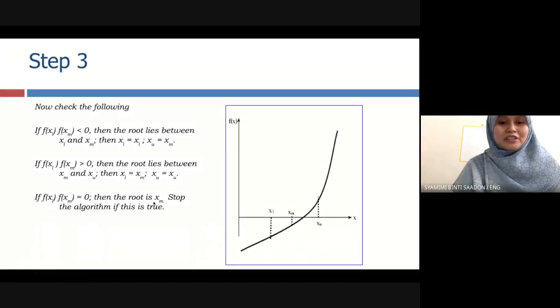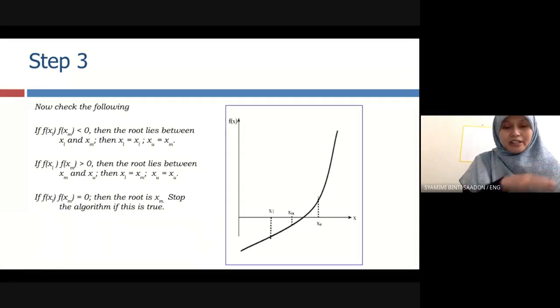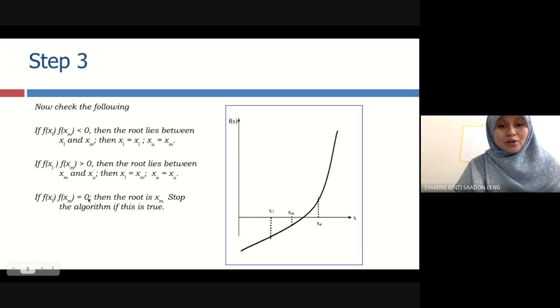Because f(XL) we know is not 0, we already saw the condition earlier, so it must be f(XM) which is 0. So f(XM) equals 0 means that we have found the right root XM. So we stop the algorithm, stop the program. So this is an example of the steps.